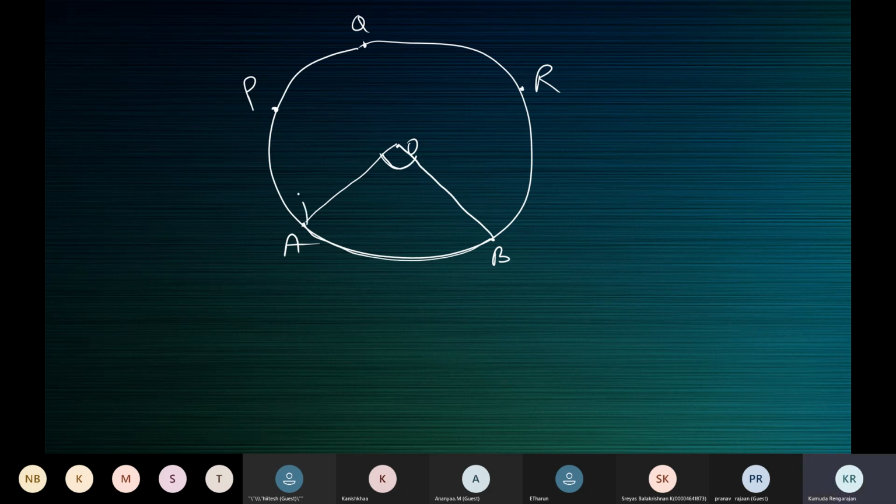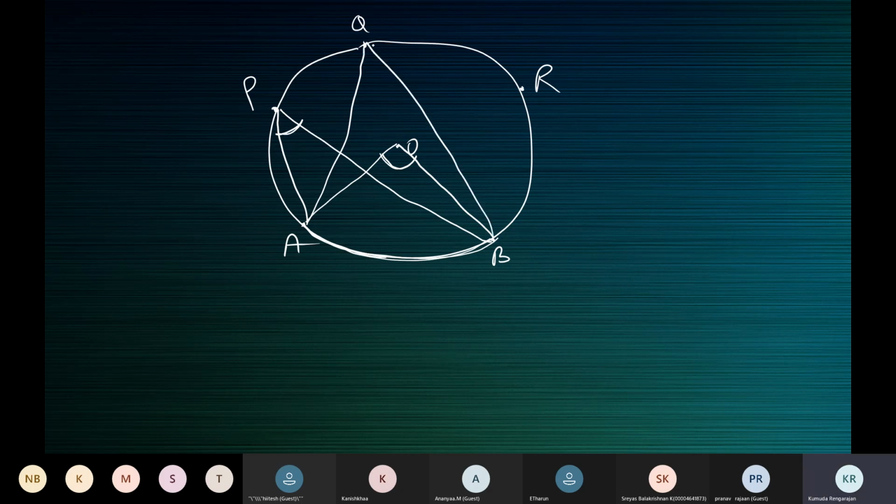Now we'll join A to P and B to P. So this angle is made by the same arc AB. The same arc AB subtends APB on the circumference, on the remaining part of the circle. Join AQ, join BQ.